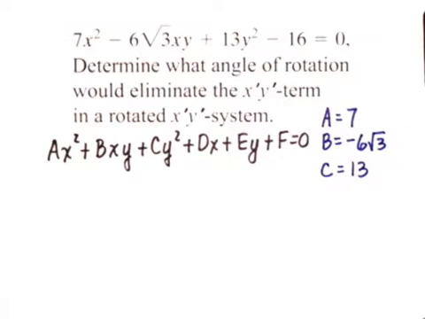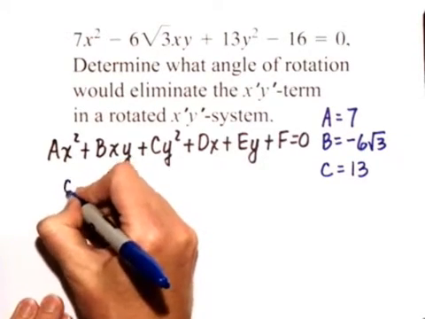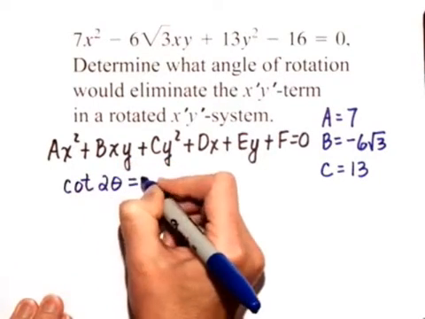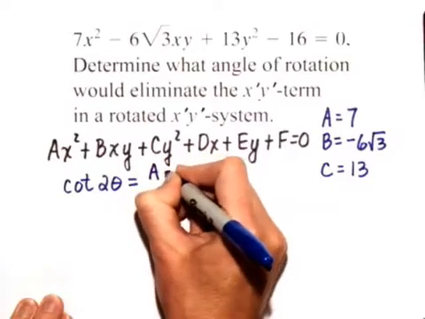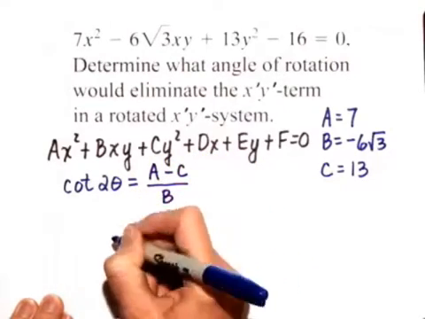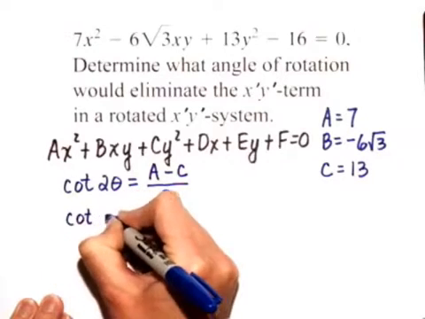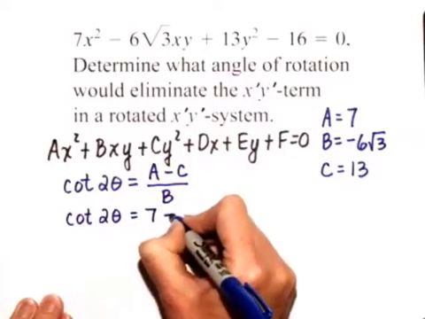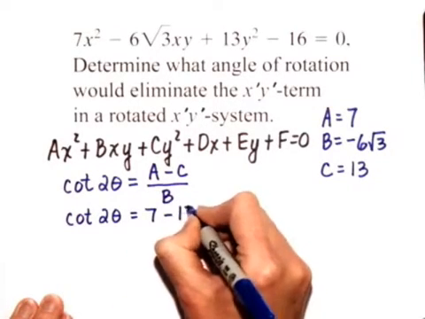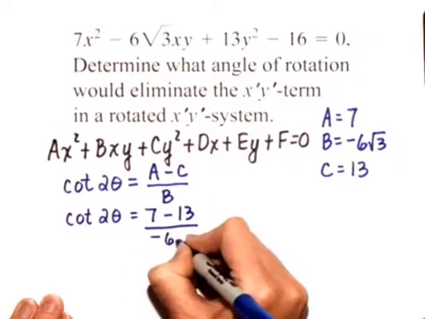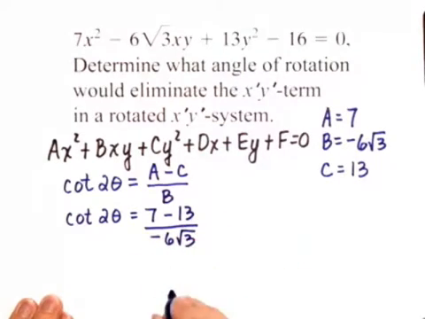And in order to determine the angle of rotation, we need to use the formula the cotangent of 2 theta is equal to a minus c over b. So in this case, the cotangent of 2 theta is equal to a, which is 7, minus c, which is 13, over b, which is negative 6 times the square root of 3.